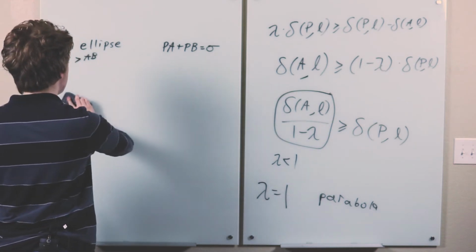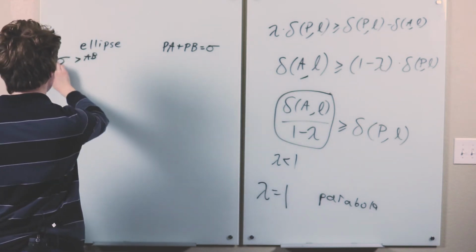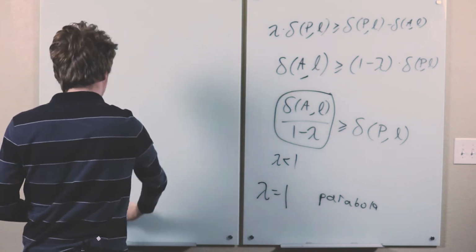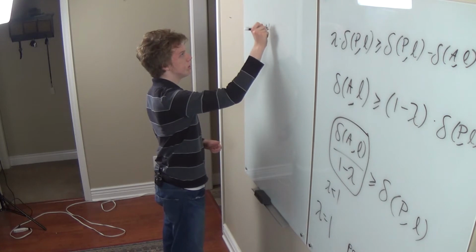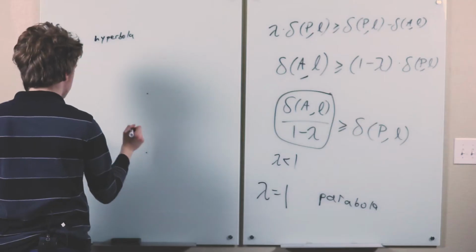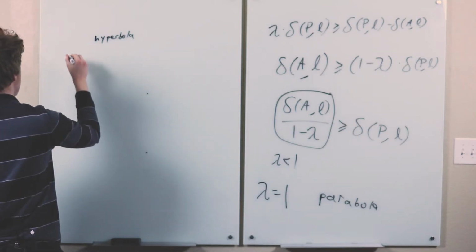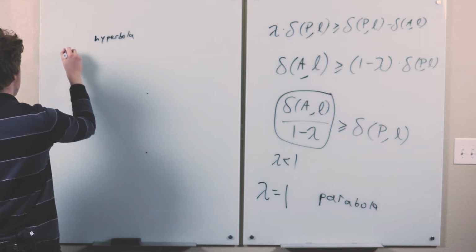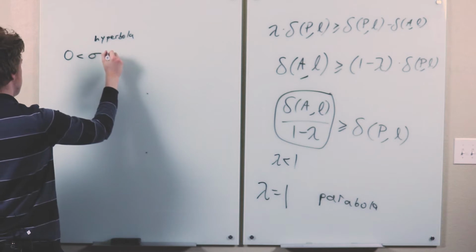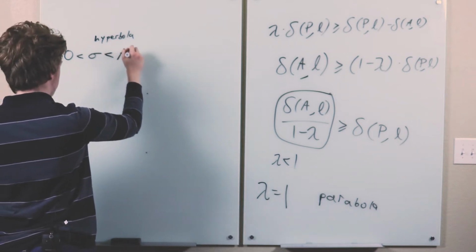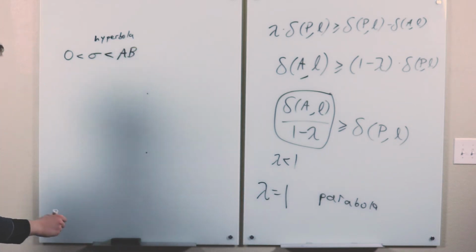And then the hyperbola has a similar characterization, where you take 2 points A and B, and some number sigma, positive, and less than the distance between them.